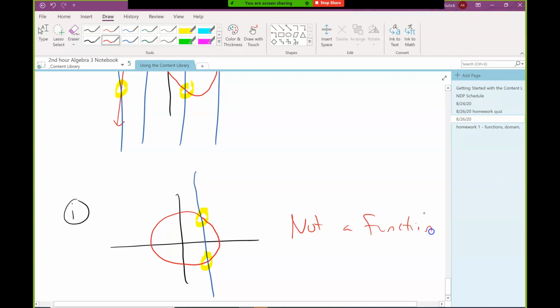Does it matter that there are some vertical lines you draw that don't intersect the graph? Does it matter that there's some vertical lines that you can draw that intersect it only once? No. All you need is one. Here we have many. But if you can draw a single line that intersects the graph more than once, not a function.